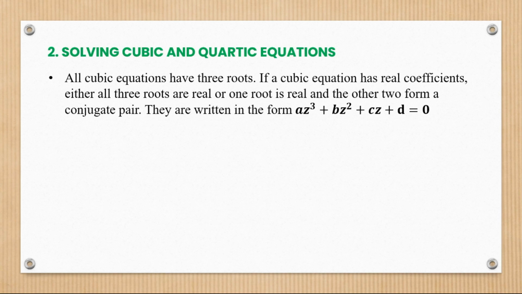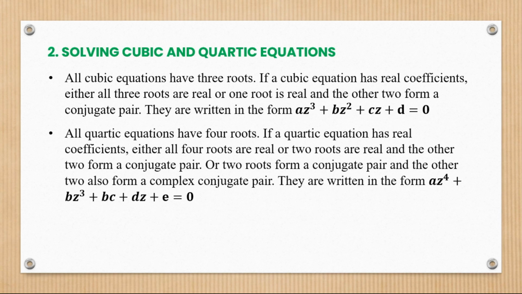So this is how cubic equations are written. We have an A, a B, a C, and a D, written in that format. And then we can also see that all quartic equations have 4 roots. So if a quartic equation has real coefficients, either all 4 roots are real, or 2 roots are real and the other 2 form a conjugate pair, or 2 form a conjugate pair and the other 2 also form a conjugate pair. So they are written in the form that you can see there.